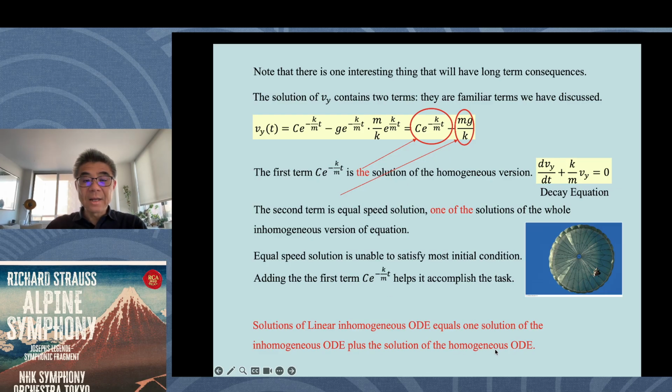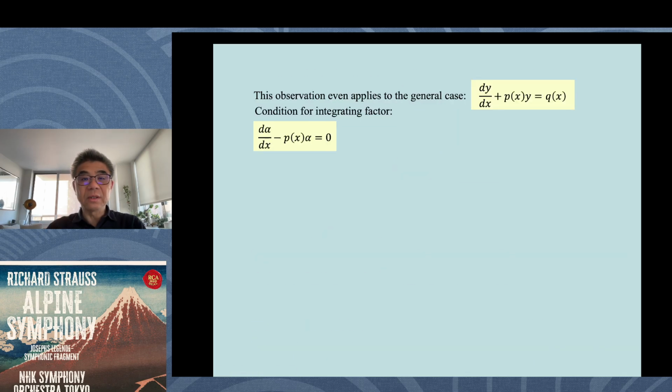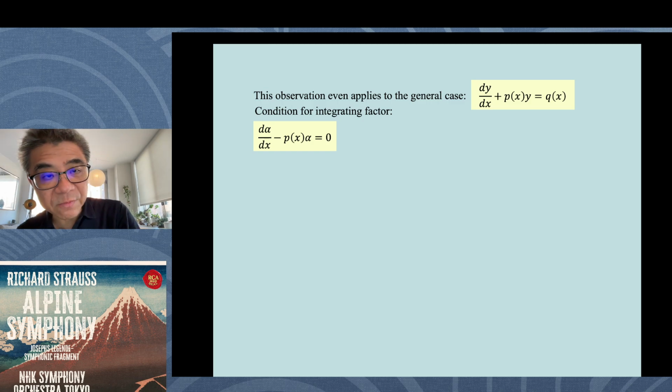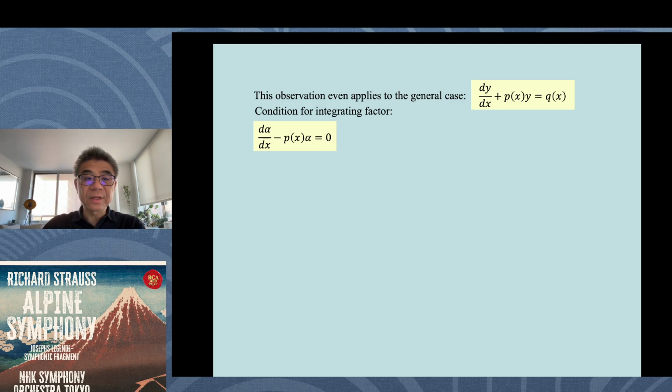So if you can guess, this not only applies to this case, it also applies to all the general cases when we use the integrating factor to solve it.